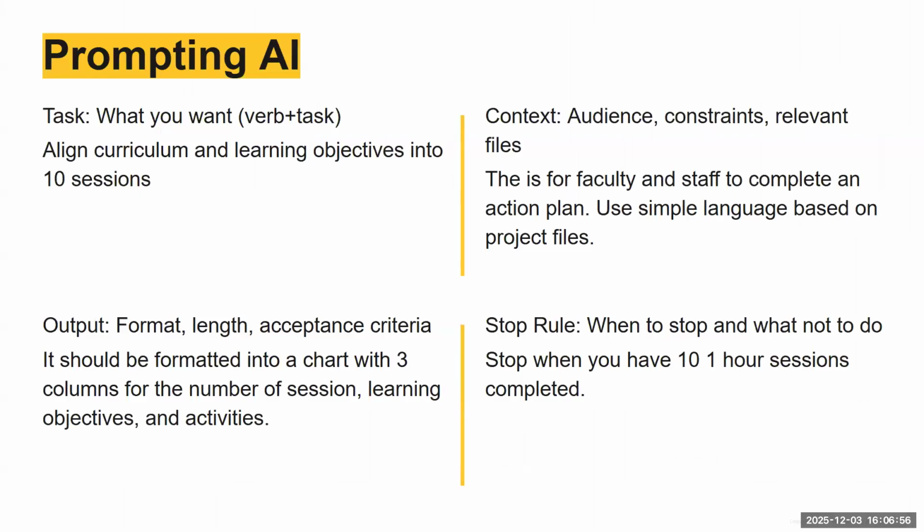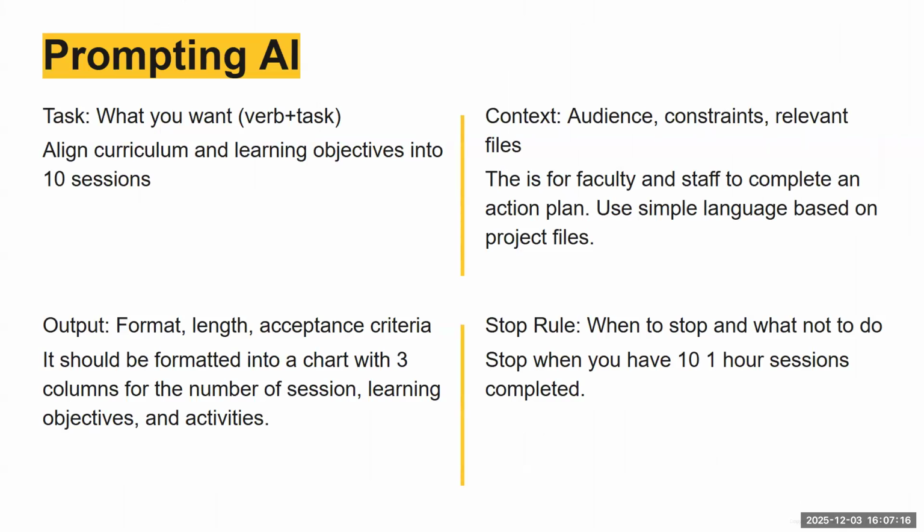When we're prompting AI, it's important to be as specific as possible so that we can help it give us what we need. And so we're looking at four things in particular, and that's task, context, output, and the stop rule.